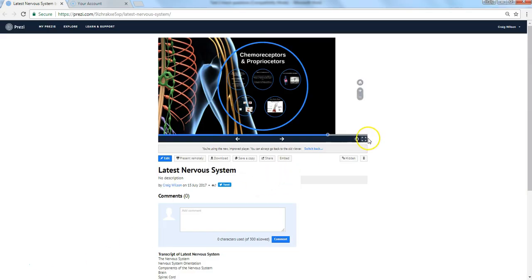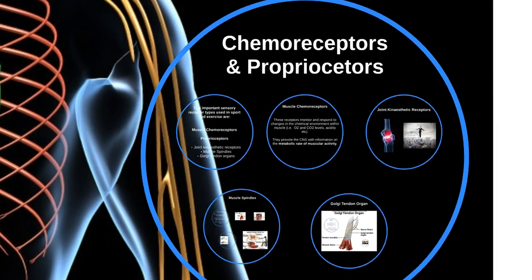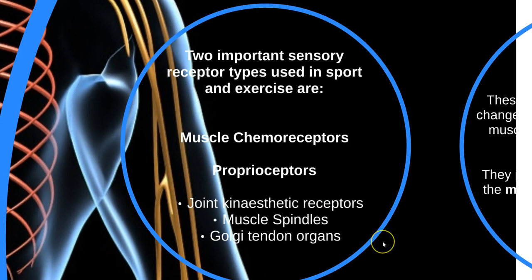Alright, so we'll just get in and finish this off. We are almost there. We're going to look at, finally, the receptors that are involved in sport and exercise, and particularly those that keep us from injuring ourselves. So we're just going to look at 3 different types here. So the first we're going to look at are muscle chemoreceptors.